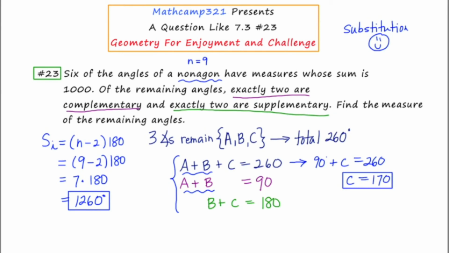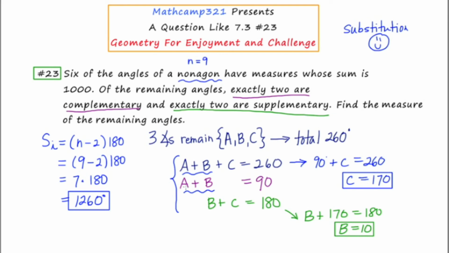Now my objective was to find the 3 angles, and I've now found one of the 3. Now if I go down to the bottom equation, it says that B plus C is equal to 180. But I just found out what C is, and C is 170. So I could say B plus 170 is equal to 180. And if I subtract 170 from both sides, I get that B is equal to 10.